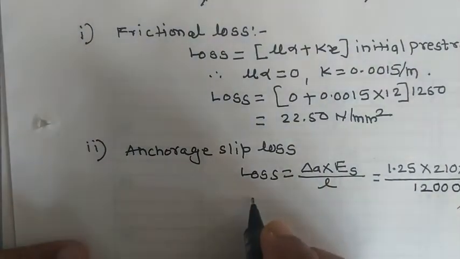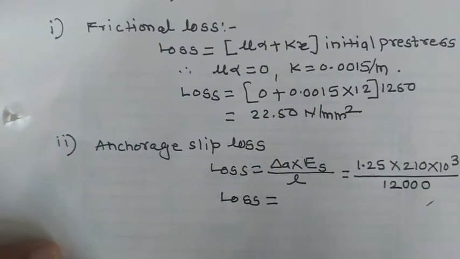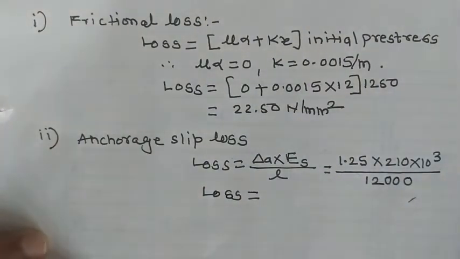So what is the loss of pre-stress due to anchorage slip? 1.25 into 210 into 10 raised to 3 divided by 12,000.